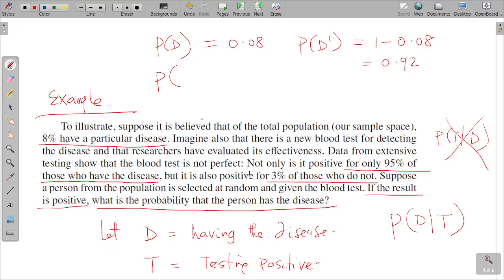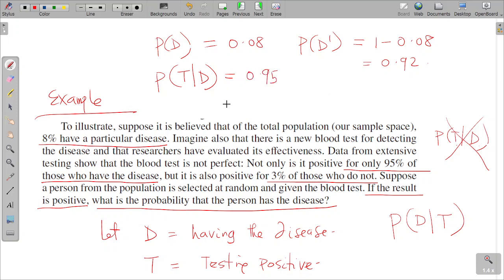Now again from here we have that it is positive for 95% of those who have the disease, that is probability of testing positive given disease, 0.95.